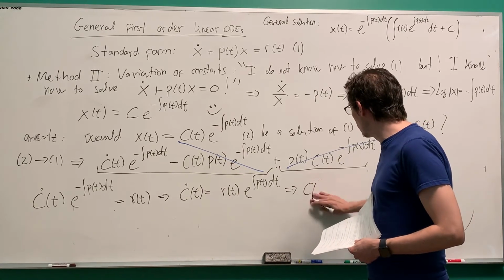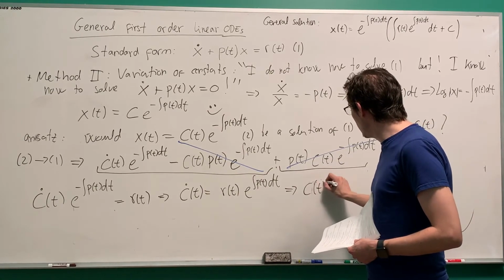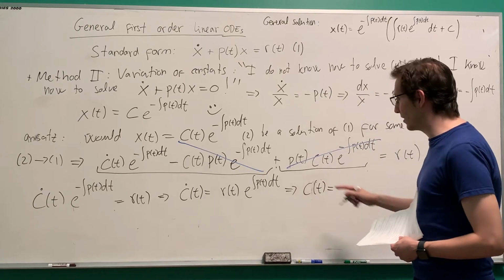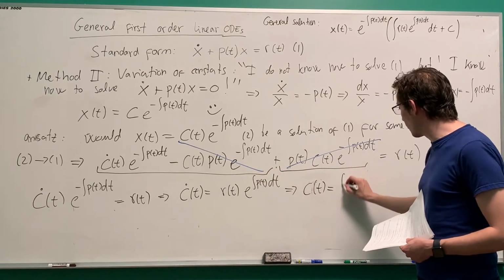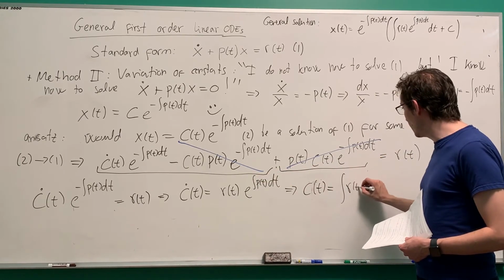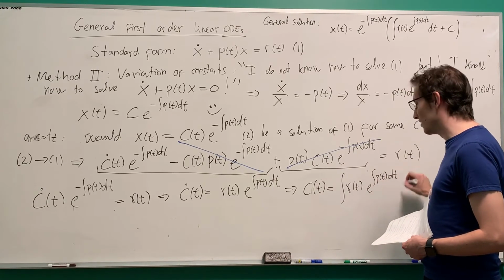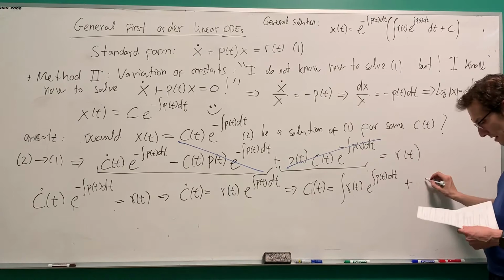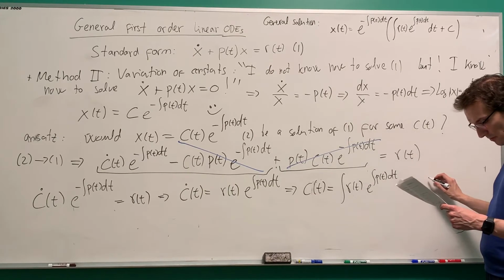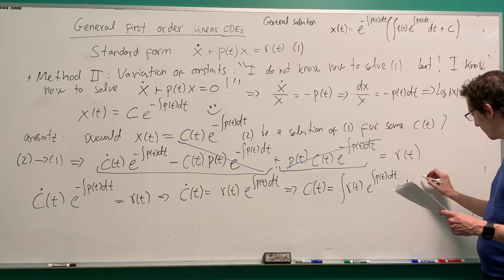C of t is equal, I integrate on the left, integrate on the right, I get the integral of R of t e to the integral of P of t dt, plus an integration constant. Let's call it, I don't know, we can call it C. Why not?